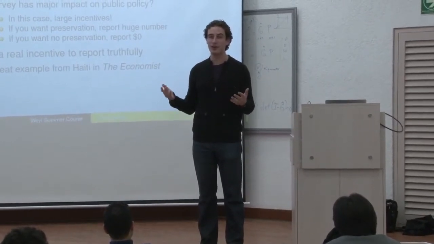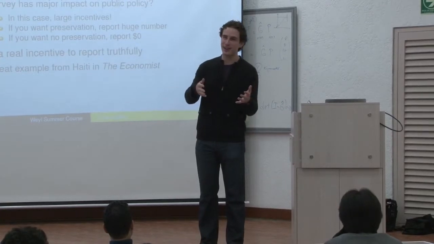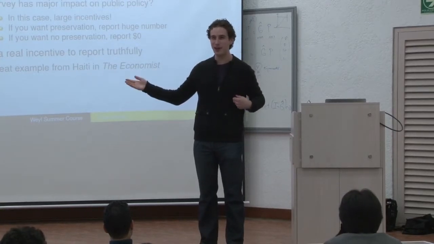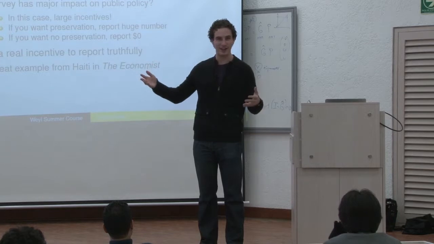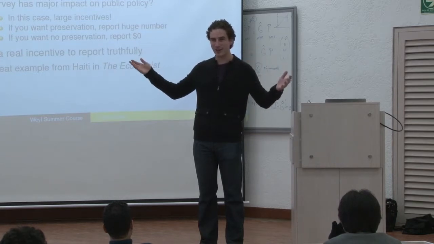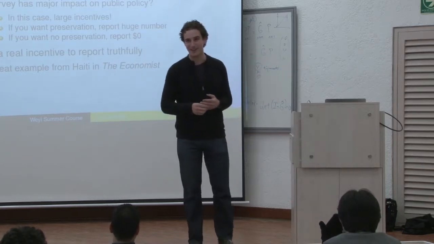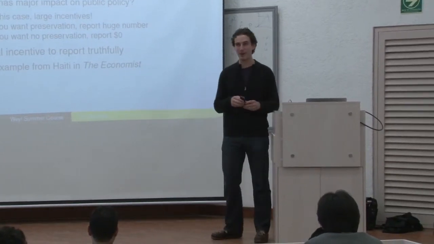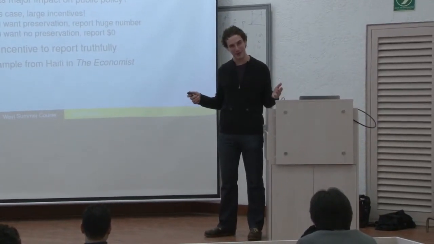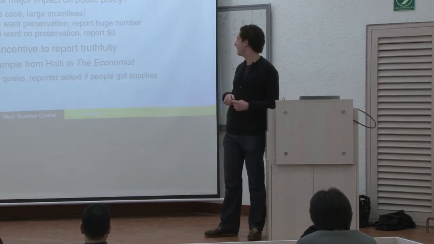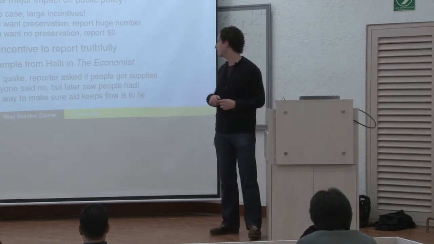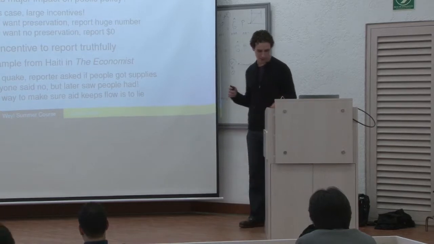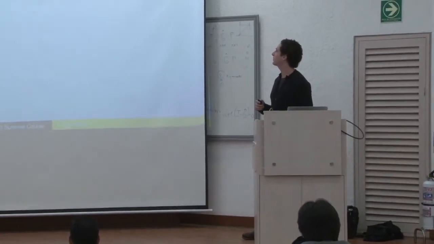They said, well, look, if people thought the aid was getting here, then they wouldn't give money to Haiti. So we told them all that there's nothing getting here so that they would all give more money, right? So if it actually does have any impact, your incentives are completely wrong, right? The only way to make sure that the aid kept flowing was to lie, right?